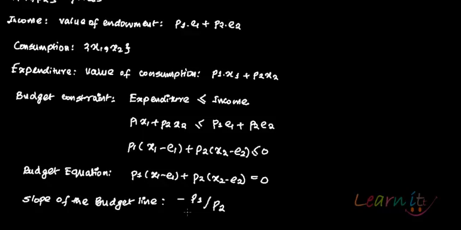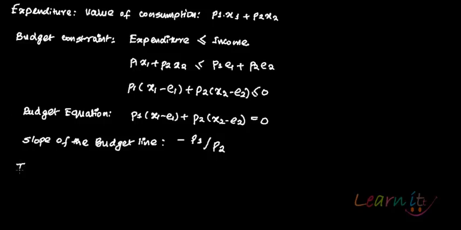Okay, so now you will have to understand one thing, that this budget line will definitely pass through E1, E2. Why?